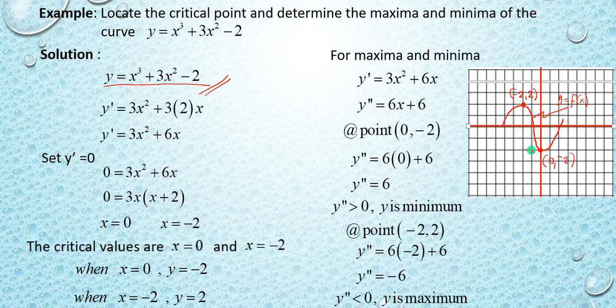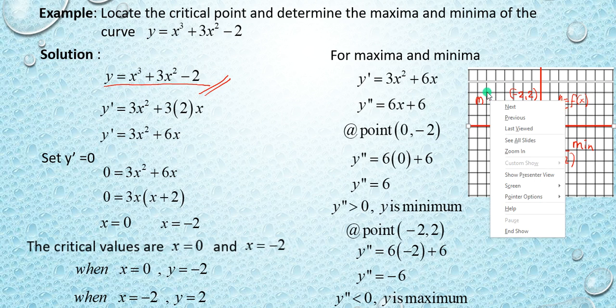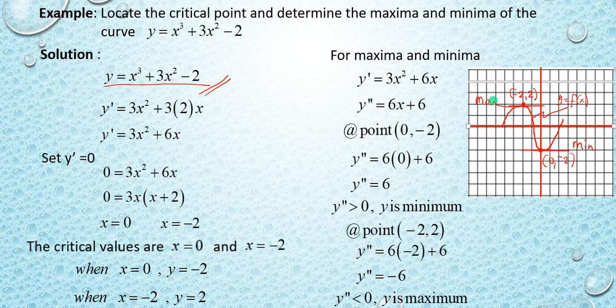So we have the minimum here and a maximum here. It is minimum at second derivative of y equals 6, and for this other point, we got the maximum value. Let's see the graph of that curve.